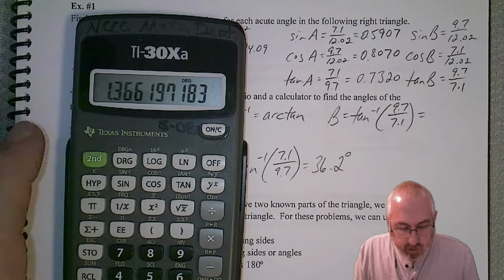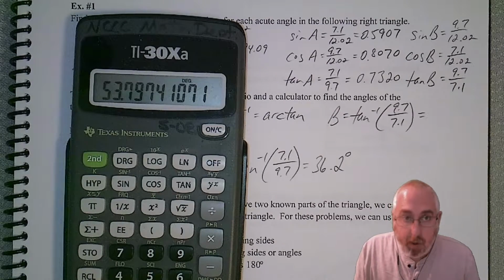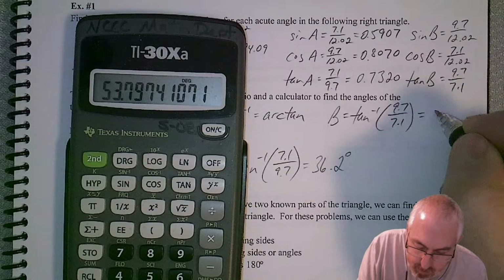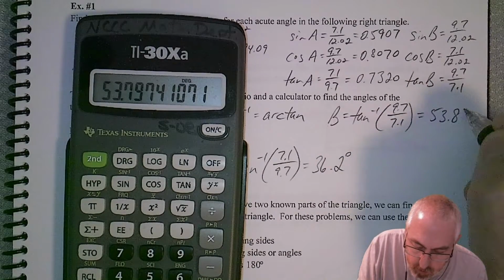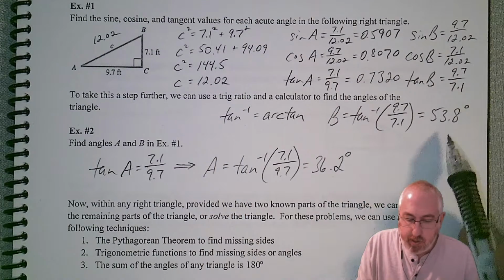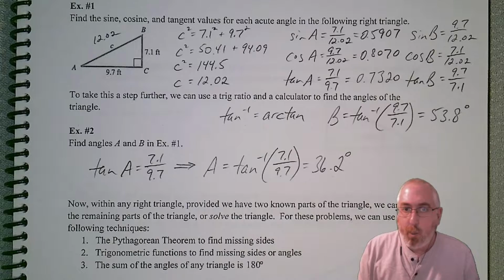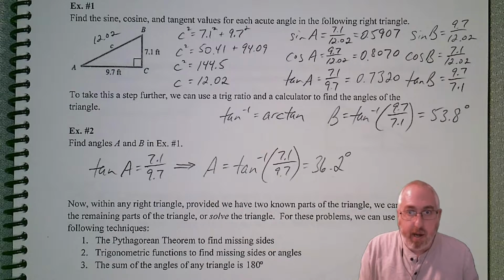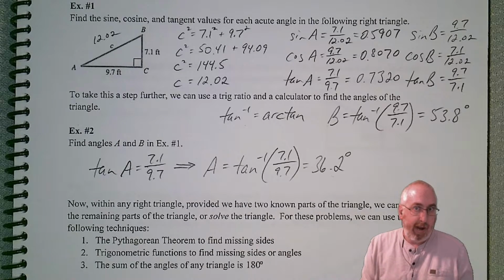And so now if we hit second tangent for that one, looks like we get 53.8. And what happens when you add these two angles together? We do get our 90 degrees. So that's always going to be the case with those acute angles. They should always add up to 90. So that's always a nice little check.